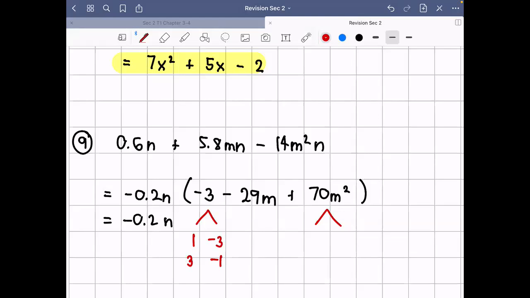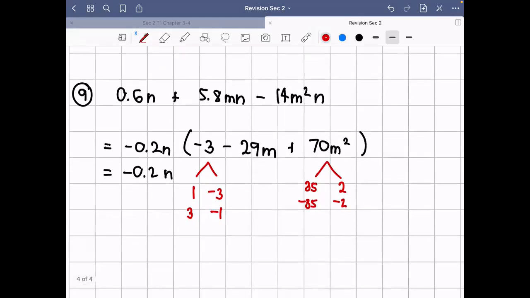How about 70? There's a lot, right? It's a positive 70, so it can be 35 times 2, or maybe negative 35 and negative 2. And then it can also be, let's say, 7 times 10 or negative 7 times negative 10.